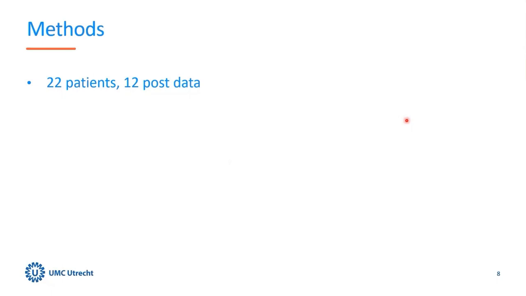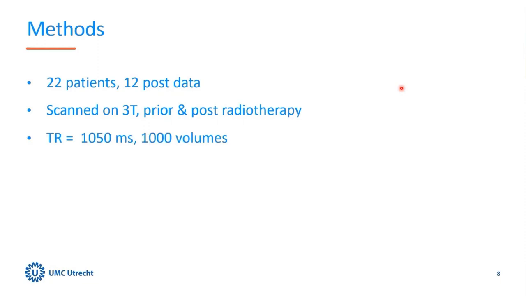We had data available from 22 patients, of which 12 were also scanned post-radiotherapy. They were scanned on a 3 Tesla scanner prior to and 3 months after radiotherapy. As I said, scanned here in the hospital. And the BOLD data was acquired with a TR of 1,050 milliseconds and a total of 5,000 volumes.